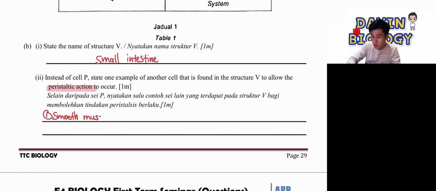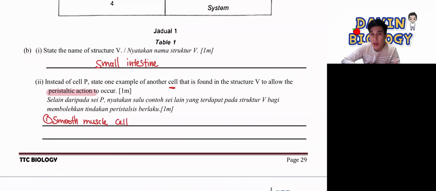Our next question will be about muscles. Smooth muscle cell, since they are cells. So one mark, settled. But if they ask you to explain it, every muscle in your body has one role: contract and relax. So it contracts and relaxes to produce peristaltic action.